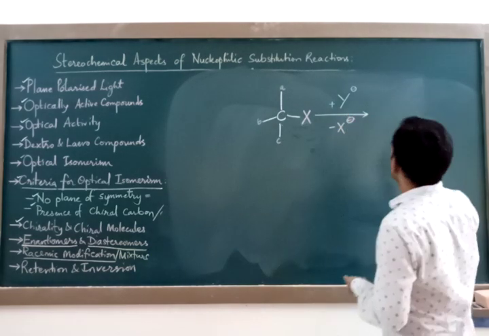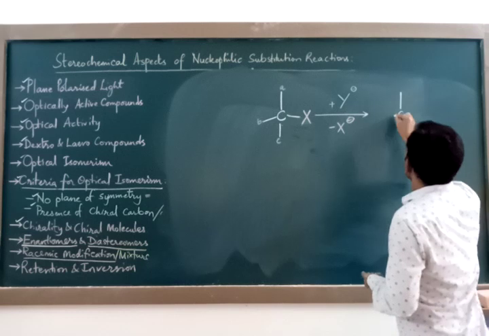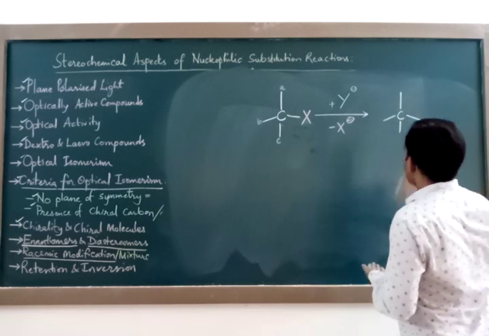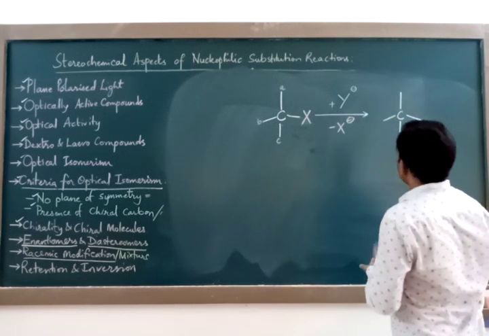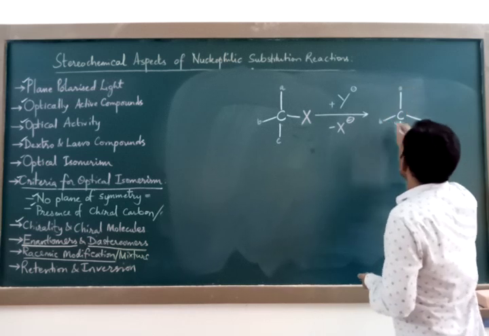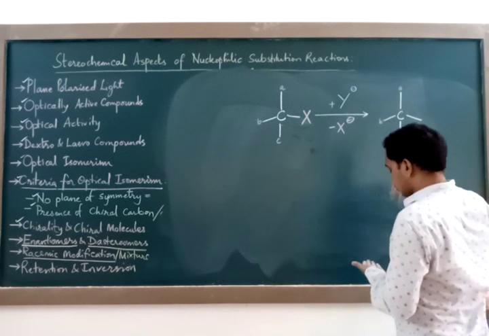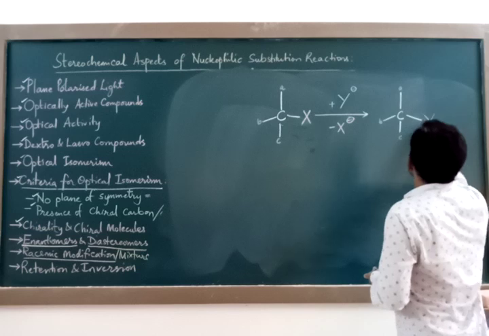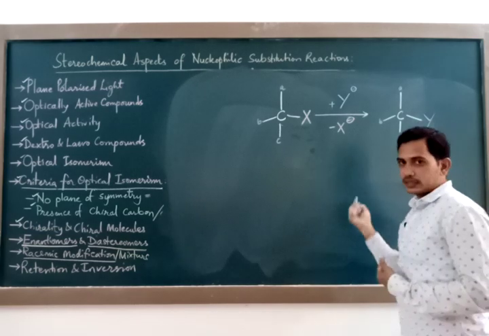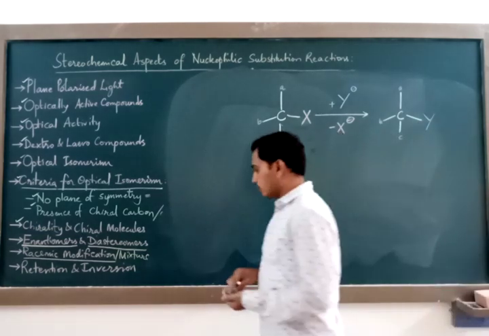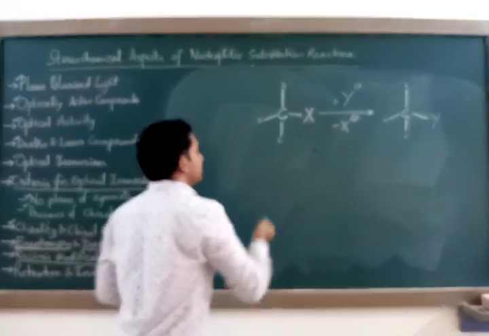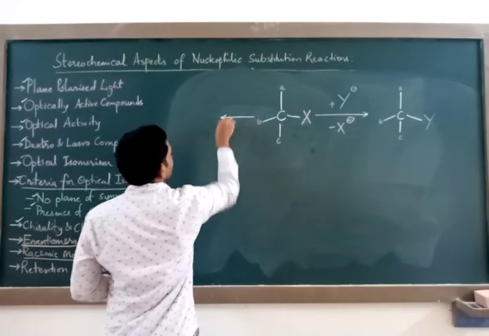Then what will be the product obtained? C as it is, A, B, C. In its place Y comes. This is one set of reaction. Sometimes the reaction may take place in a different way.